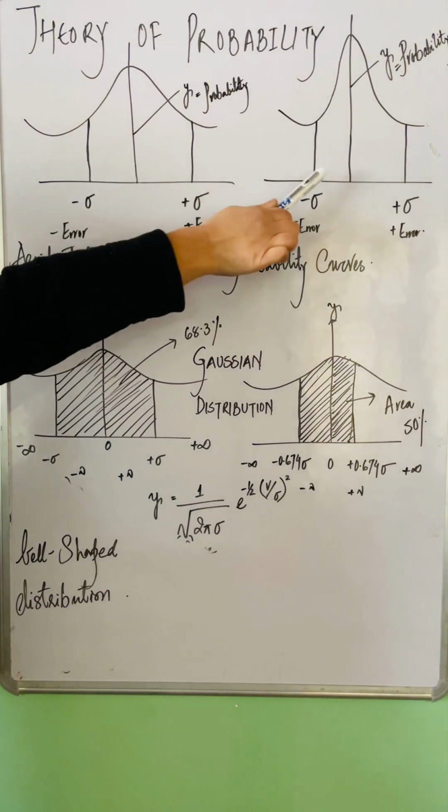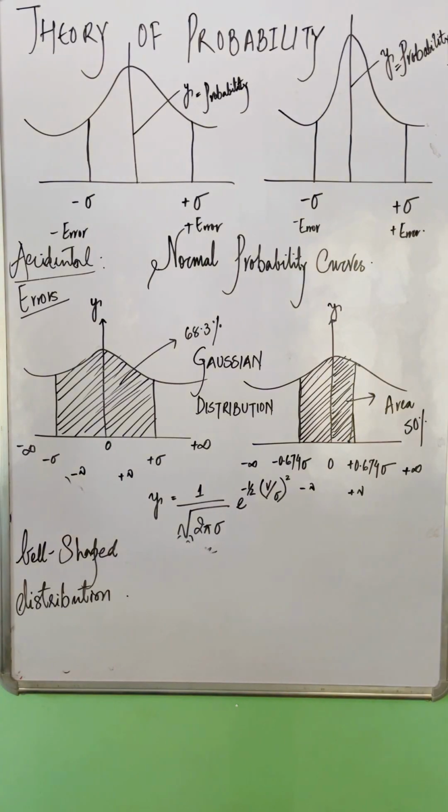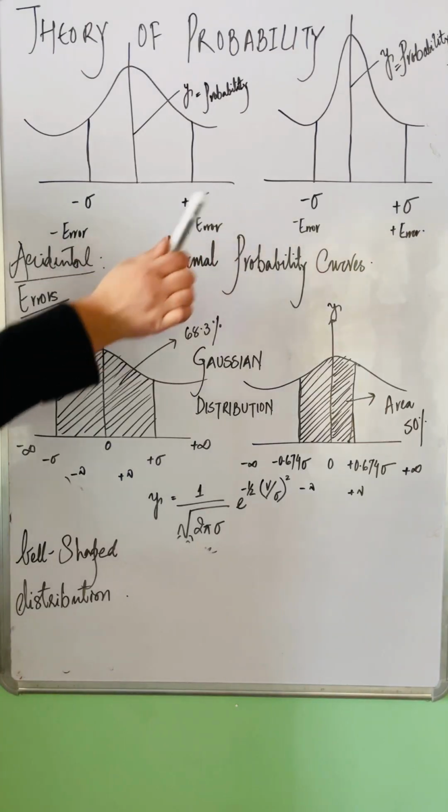These curves are also known as the distribution curves or normal probability curves. These are the two figures which show two normal distribution curves, and these are similar to the curves shown over here.